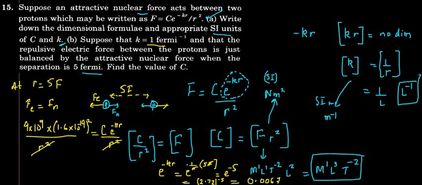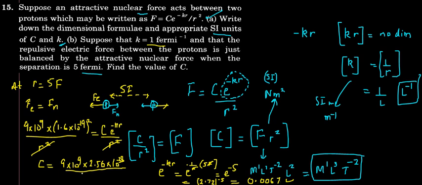You substitute this over here and we get C. So C is 9 into 10 to the power of 9, times 1.6 square, which is 2.56 into 10 to the power of minus 38, whole divided by e to the power of minus kr, which turns out to be 0.0067.